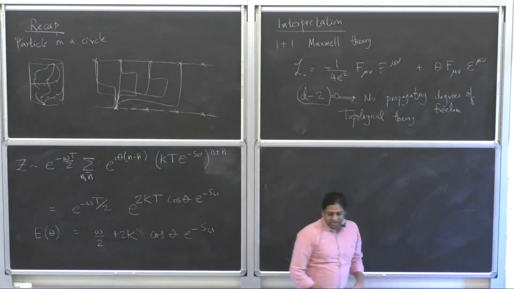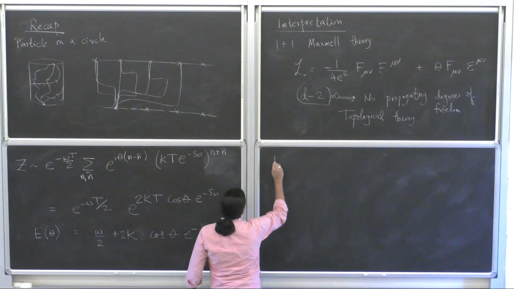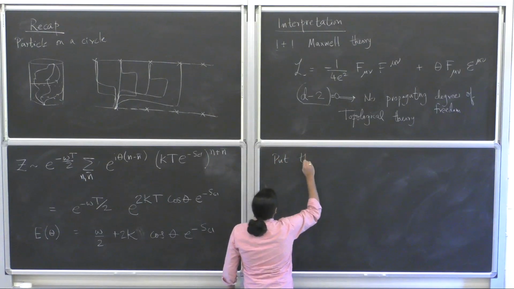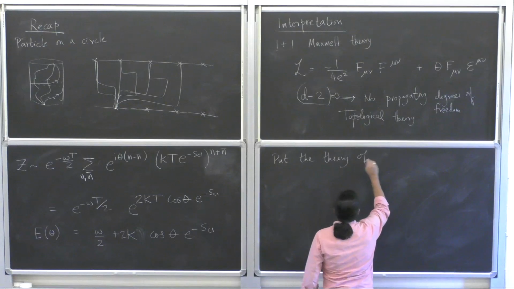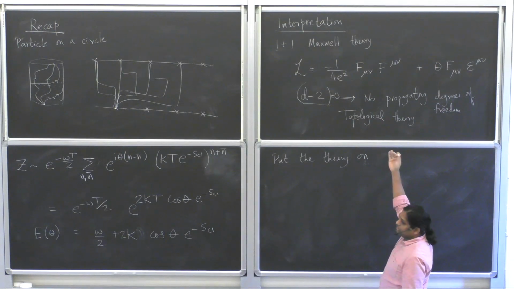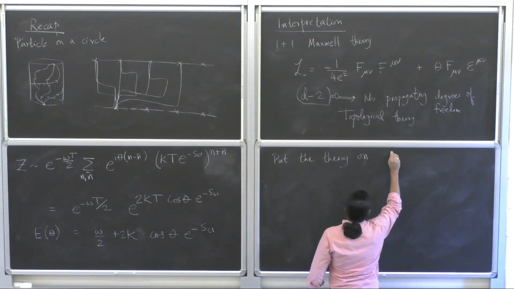Okay, so here's a potentially confusing point. I certainly keep getting confused about this every time I think about it. What we're going to do is put the theory on a circle. So it's a 1 plus 1 dimensional theory, and I could choose the spatial dimension to be a circle, and put the theory on some S1.